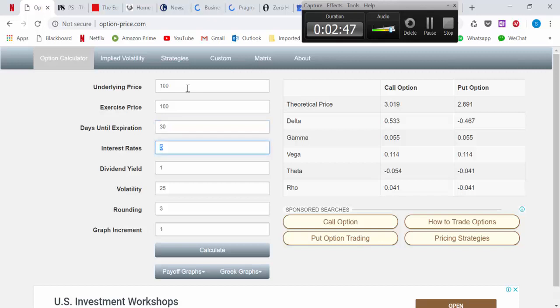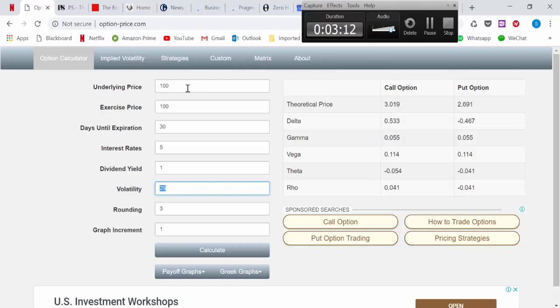The other things are not really so interesting, except the volatility, which I keep talking about. So you see that over there, the prices are $3.02 for the call, right? And $2.69 for the put option.